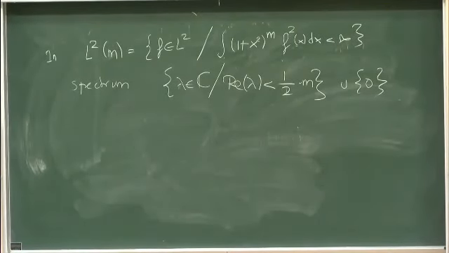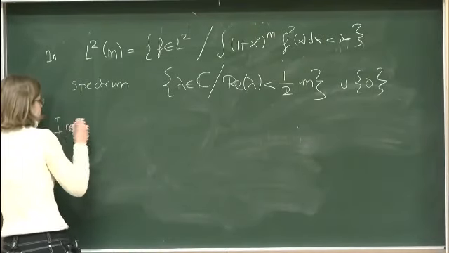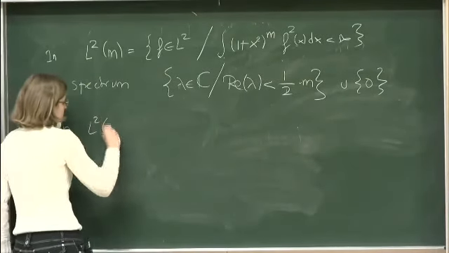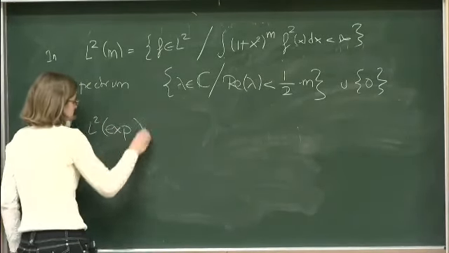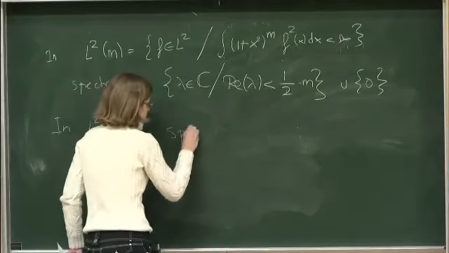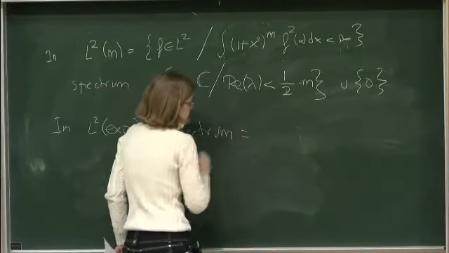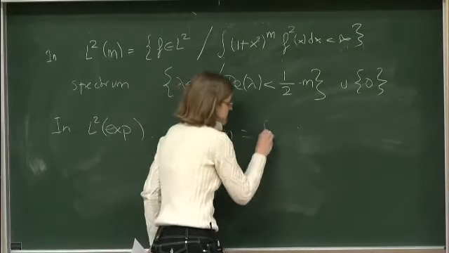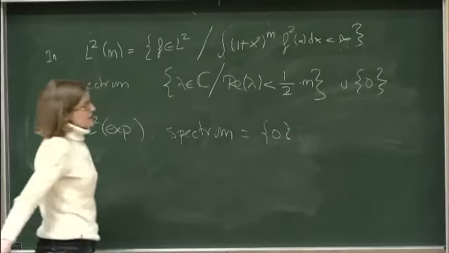It has only continuous spectrum. Now take n going to infinity, in L2 with exponential decay at the tails, then the spectrum, and this is very funny, is just 0.